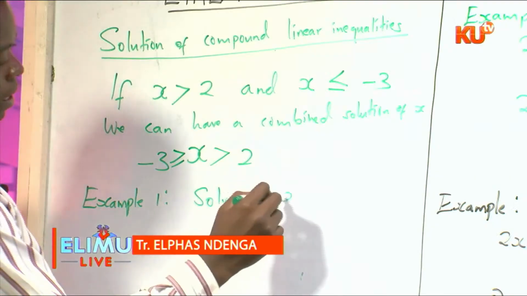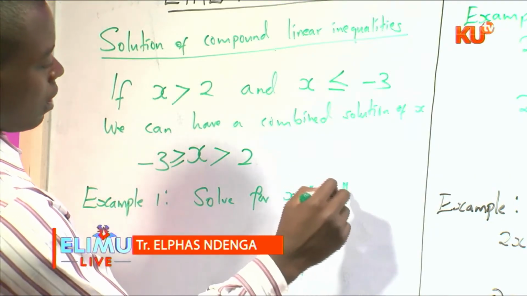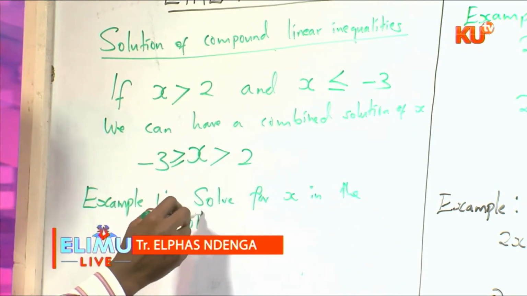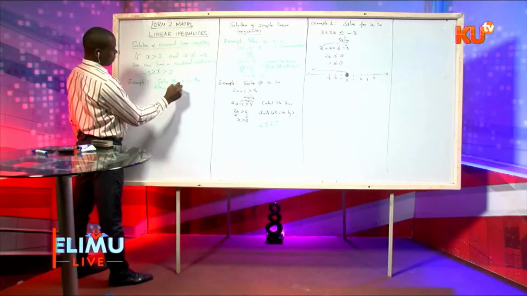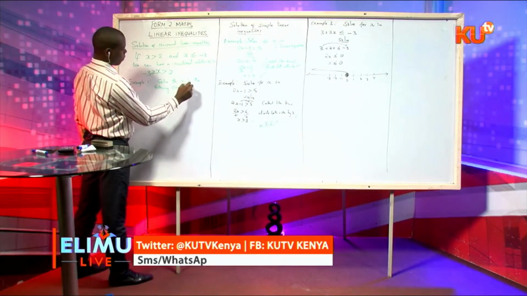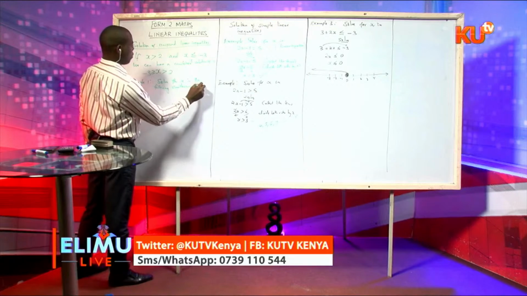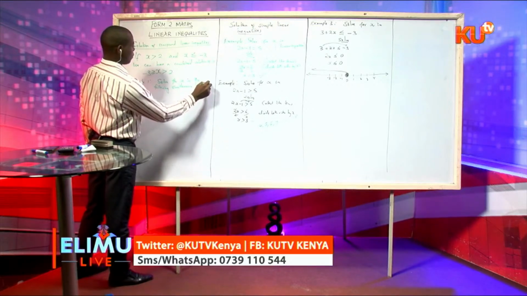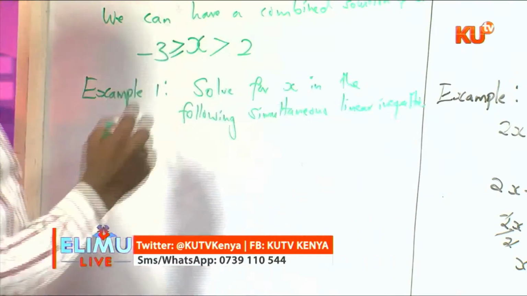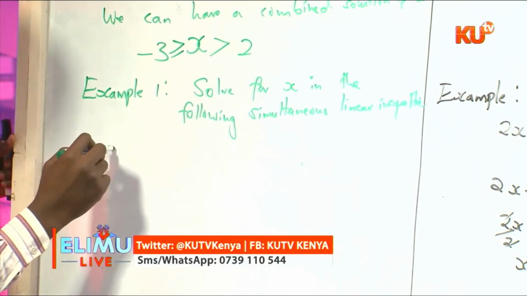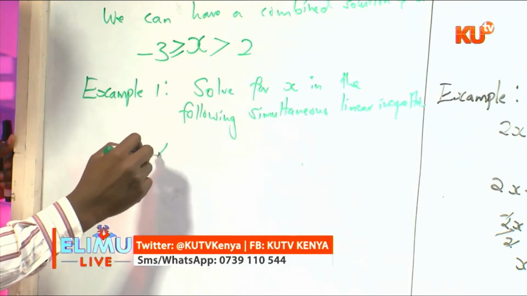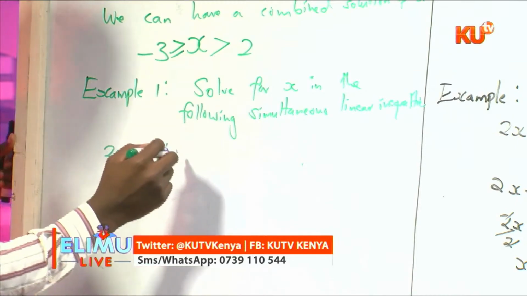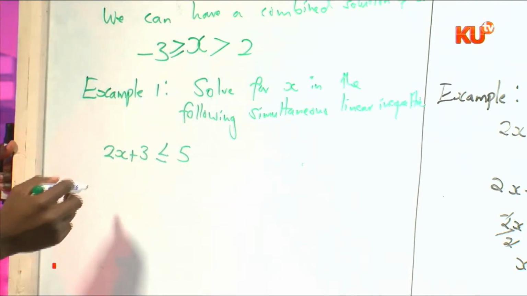Solve for x in the following simultaneous linear inequalities. So we have 2x plus 3 less than or equal to 5.